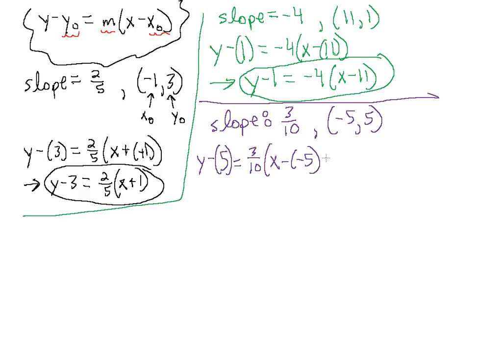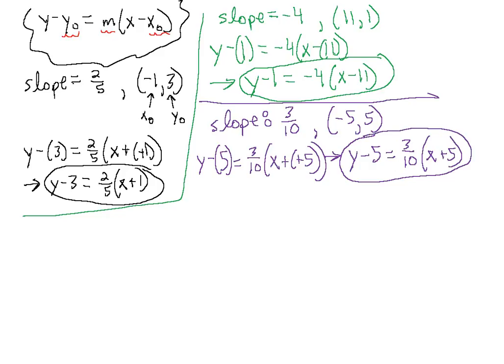Let's write these in parentheses so we know for a fact that we're substituting in for these variables. We have y minus 5 equals 3/10 times x plus 5. These two negative signs cancel, and that is our linear equation written in point-slope form.